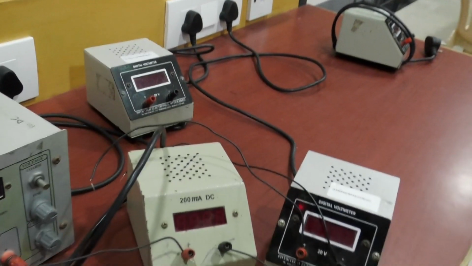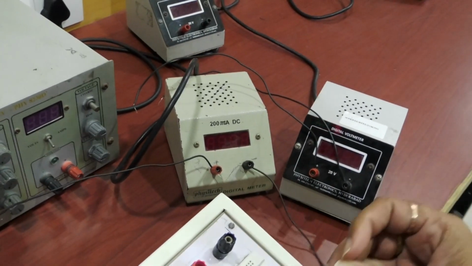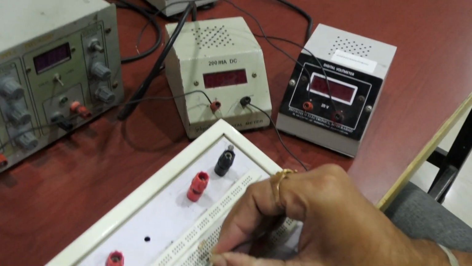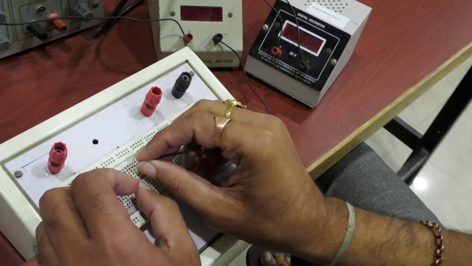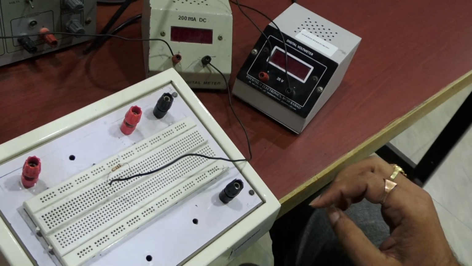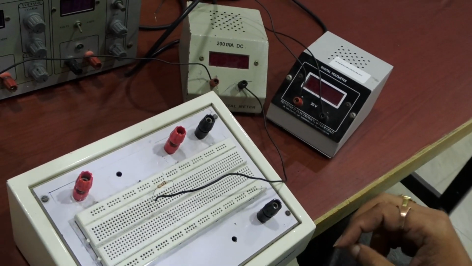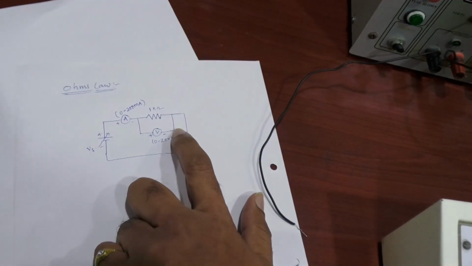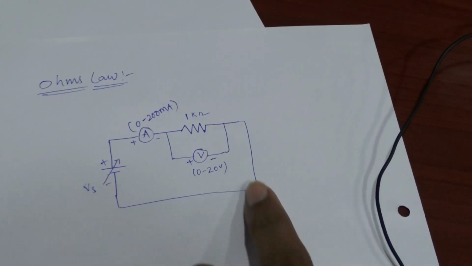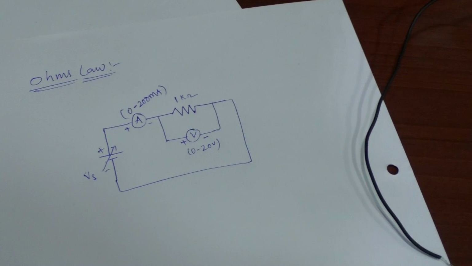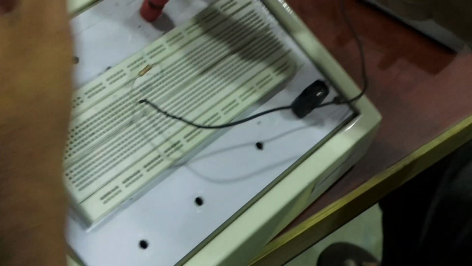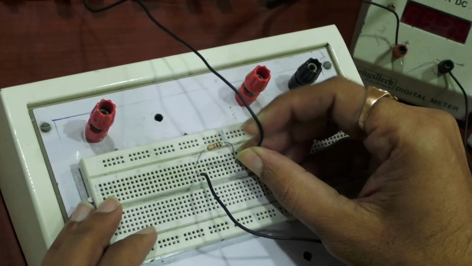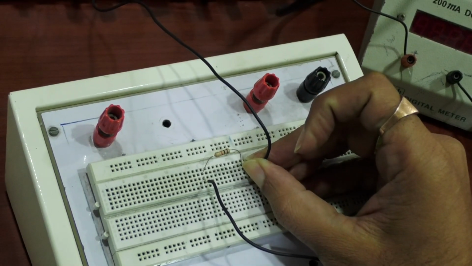From this ammeter positive, we have given to the 1 kilo ohm resistor. So again, from this 1 kilo ohm resistor, the negative of the regulated power supply is given to the other terminal of the resistor.